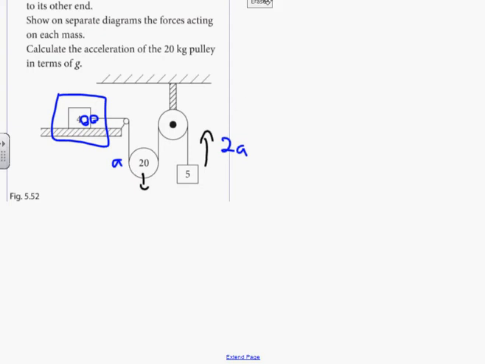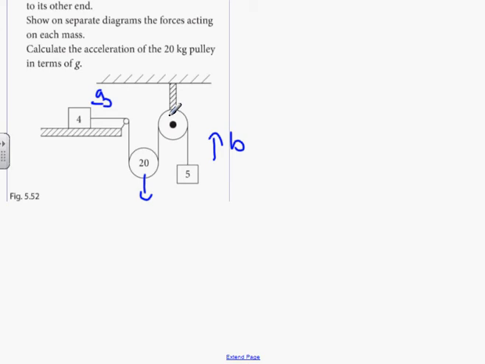So remember that this one is roughly half of that one, because that's the only other acceleration with it. Now, what's going to happen at the moment is that we're going to have a system here where this is going to go with acceleration A. This one's going to rise with acceleration B. Now, this acceleration here is the average of the other two accelerations.